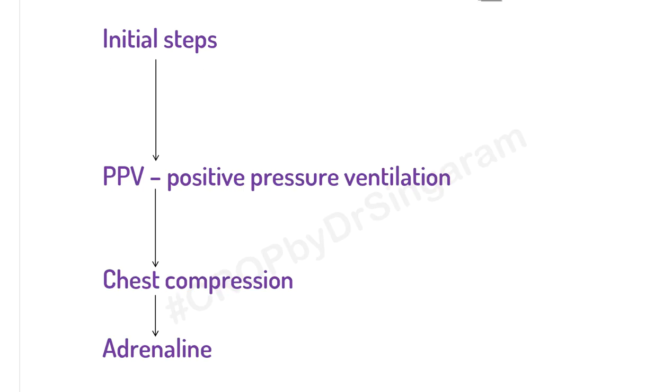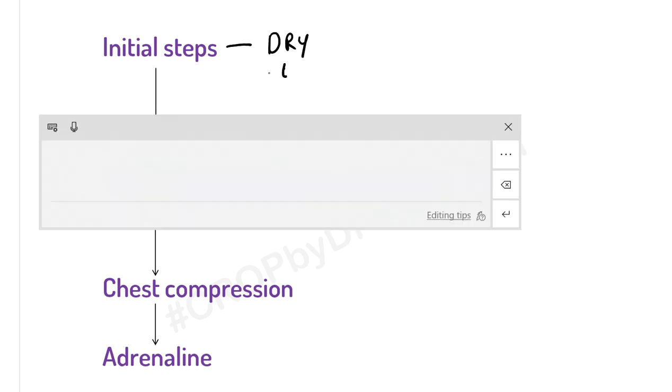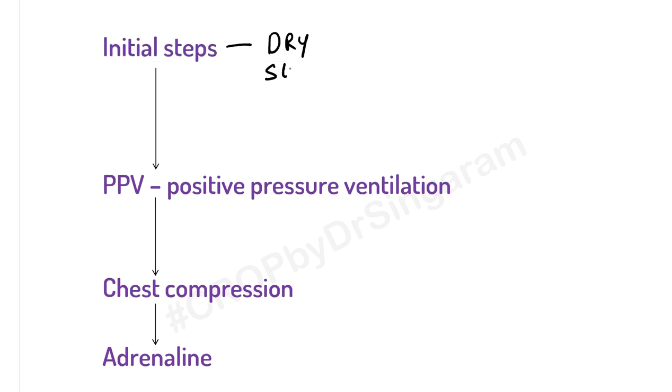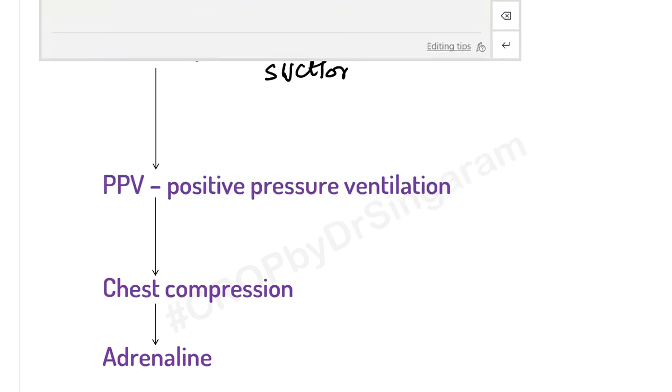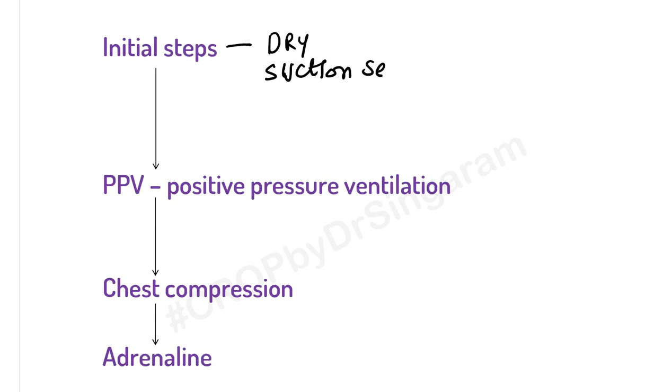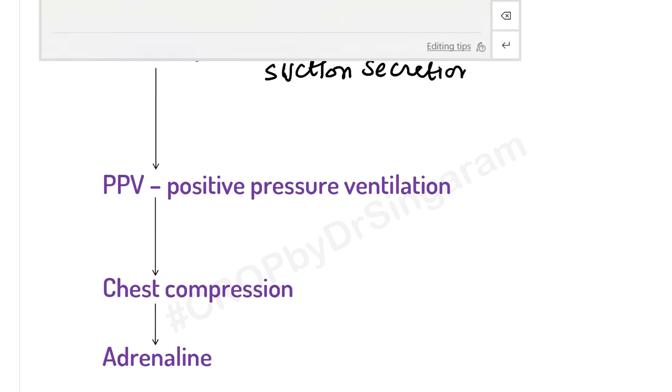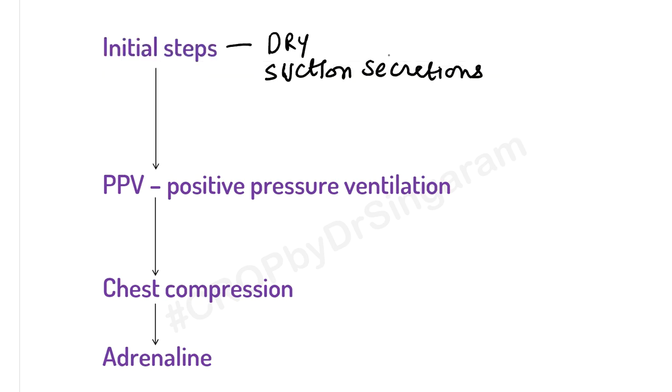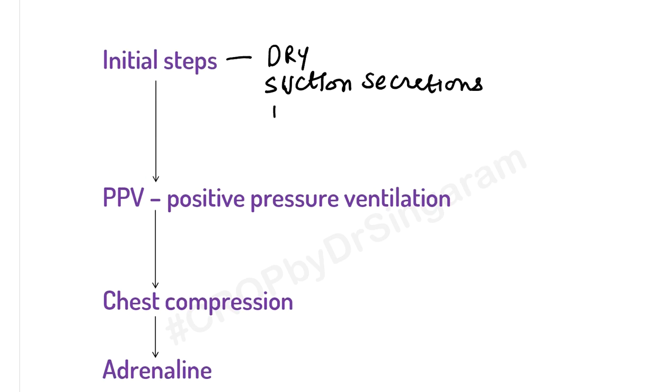When a baby is not crying at birth, you are going to start neonatal resuscitation. What you are going to do initially is what we refer to as the initial steps of neonatal resuscitation. The initial steps include drying the baby, suctioning the secretions from the mouth and the nose, and putting the baby under the warmer, which comes under temperature regulation.